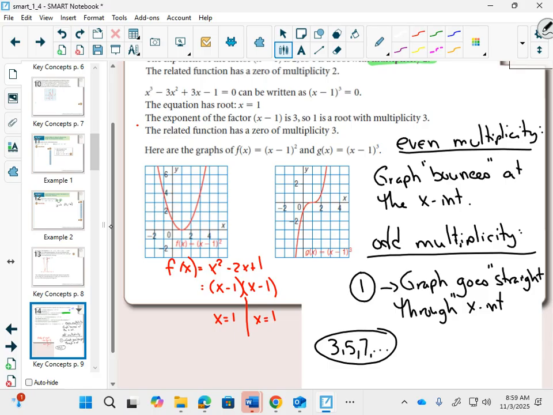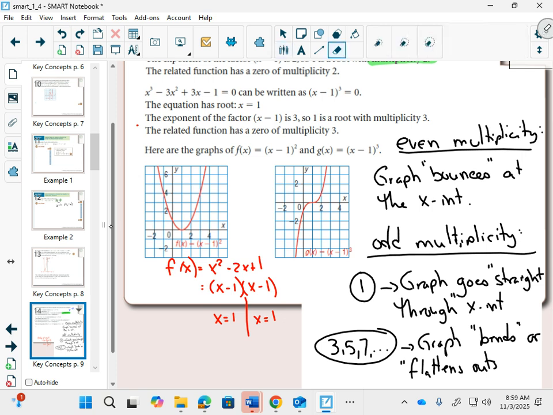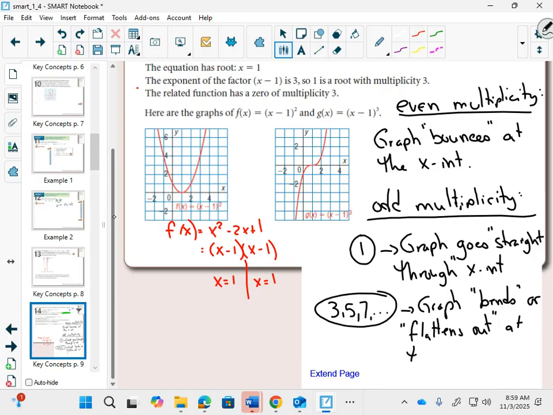Anything bigger than 1, any odd multiplicity bigger than 1, here your graph is going to, sometimes people like to say it bends. Sometimes people like to say that it flattens out. And we see this in this x minus 1 cubed graph.